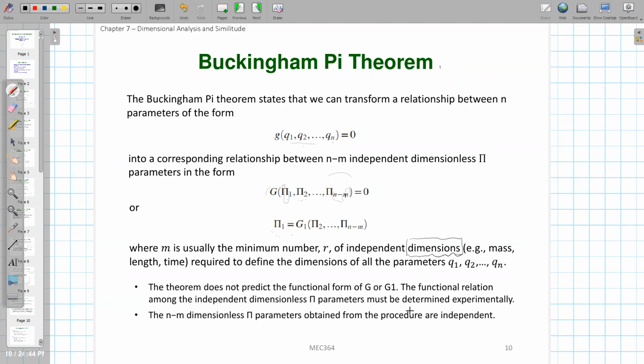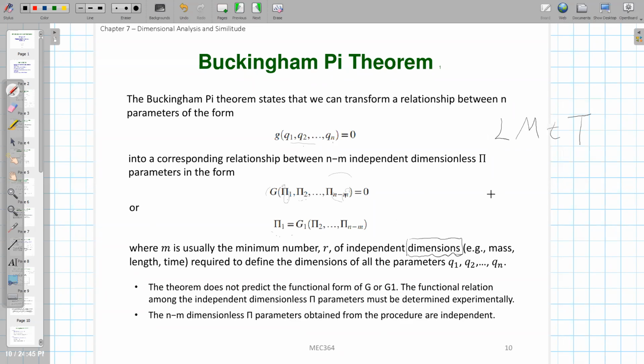If you remember what we learned before in chapter 1 when we talked about the unit system, what are the fundamental dimensions in physics? There are 4: L, length; M, mass; T, time; and capital T, temperature. So these are the fundamental dimensions.